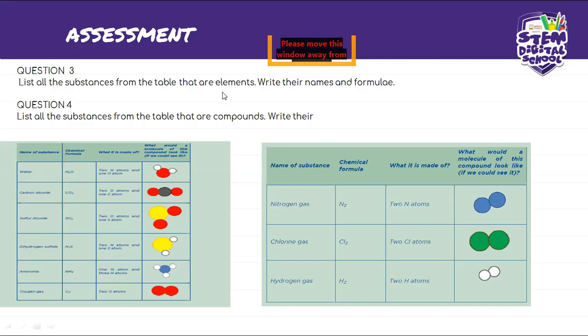Okay, so let's look at question 3 and question 4.